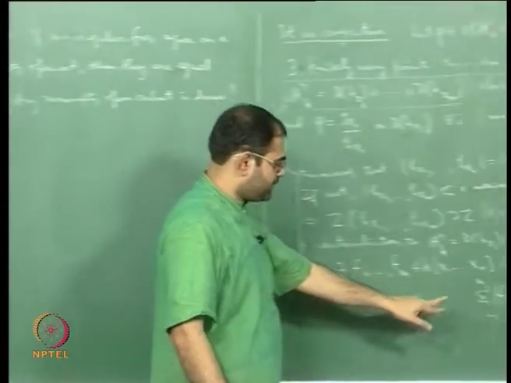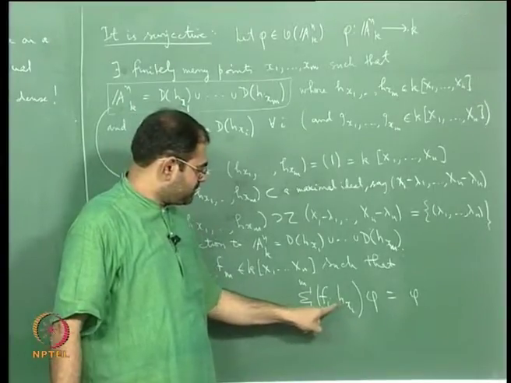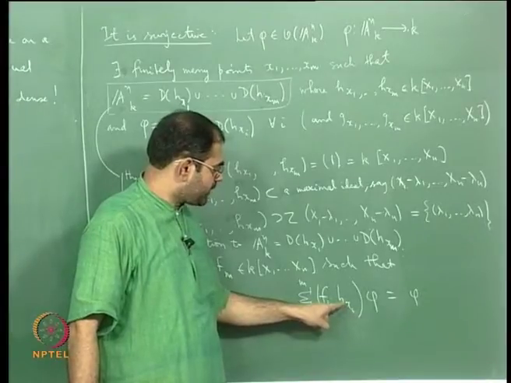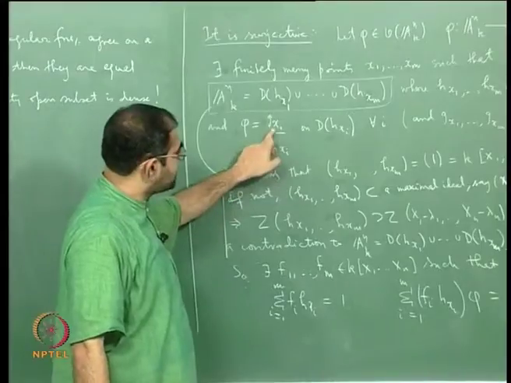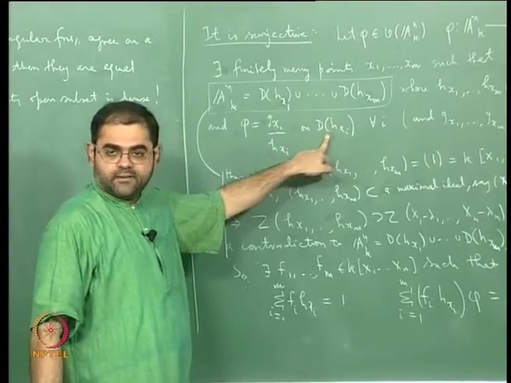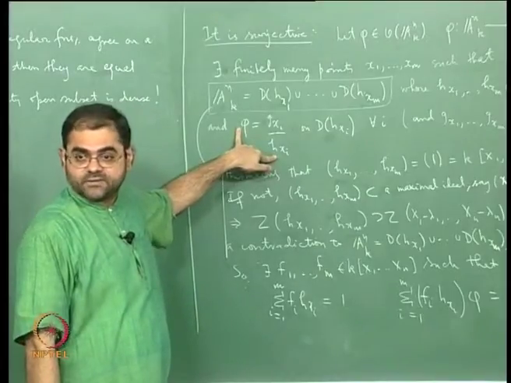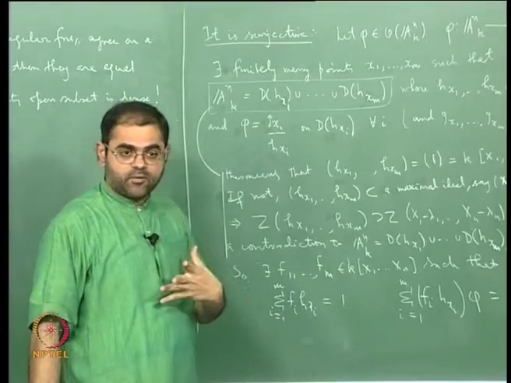Now you look at this equation that I have written here. In this equation, if I look at the product h_xi times phi, the product h_xi times phi is g_xi on D(h_xi), but h_xi times phi is also a regular function, it is a product of two regular functions, and g_xi is also a regular function because you have already seen every polynomial is a regular function.